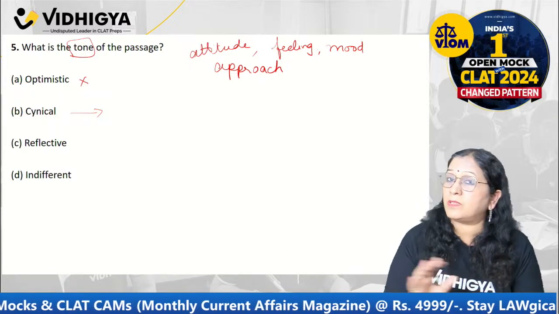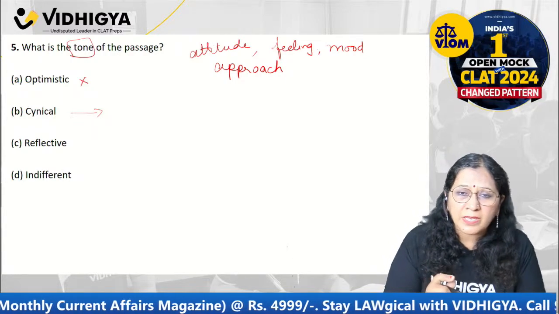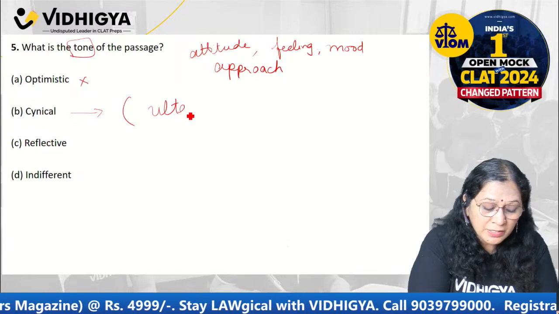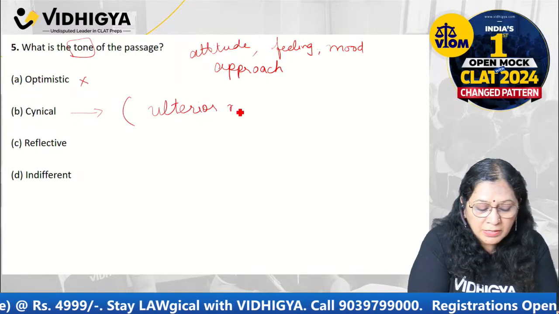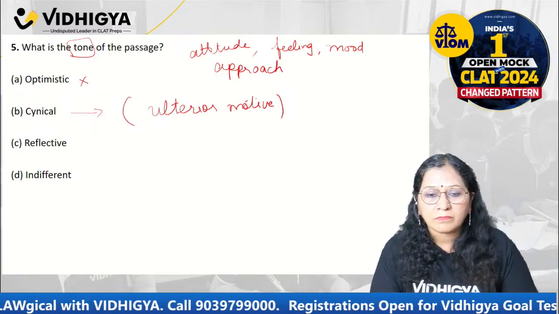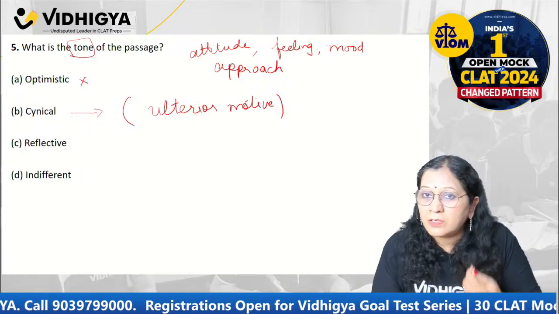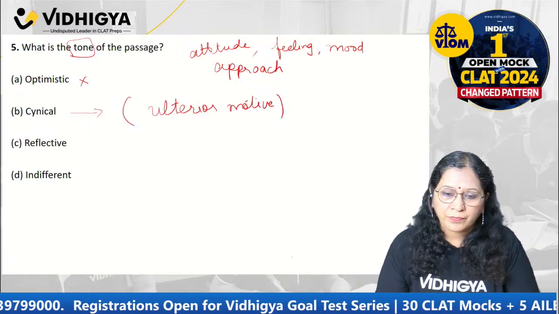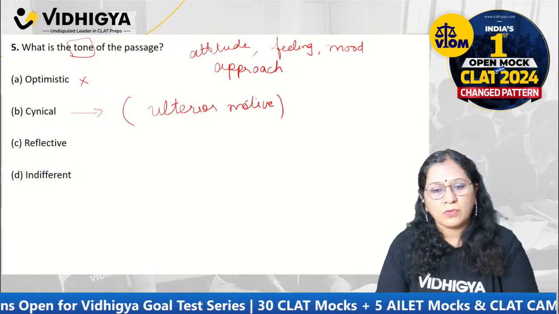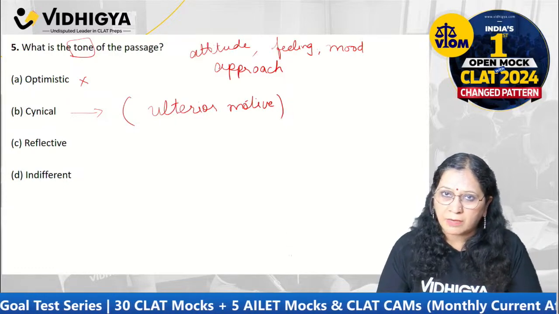We do not believe in something being so good. Then we are cynical. That means somebody has an ulterior motive. When such a thought comes to us, that how can he be so good, it means there must be some reason for him behaving so well. You will find such people around you, and you will find that you are faced with such thoughts also. Okay, they will come to mind, how is someone so good. So that is cynicism, and such a thought process was not the author's.